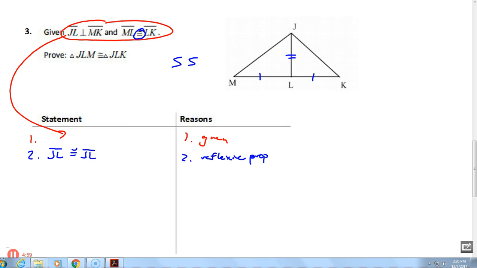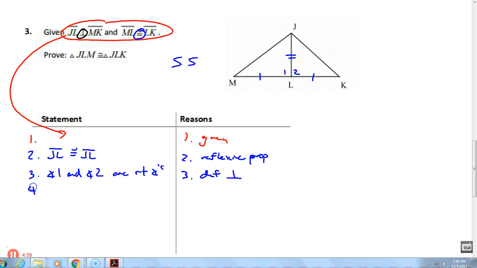Now I squeeze the juice out of my given and I see that I have some perpendicular action going on. So if JL is perpendicular to MK, I can say, and I probably should say first, angle 1 and angle 2 are right angles. This is probably the formal way to do it, because that's what perpendicular means, they're right angles.